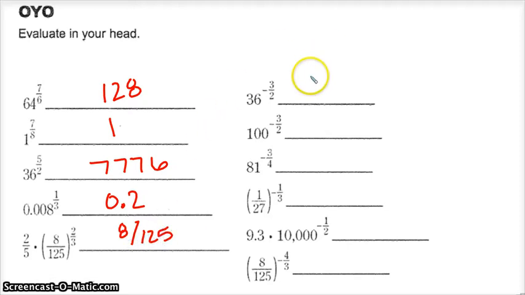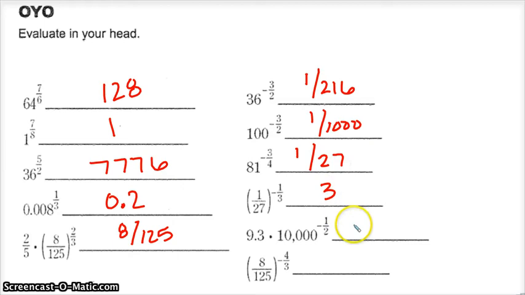Going down the right-hand column, you should have had 1 over 216, 1 over 1,000, 1 over 27, 3, 930, and last, 625 over 16. Now, if you've gotten any of those wrong, go back and check your work, see if you can get the right answer before continuing to solve equations.